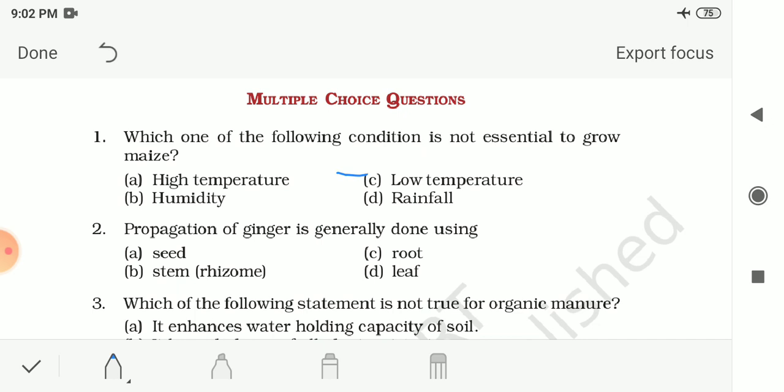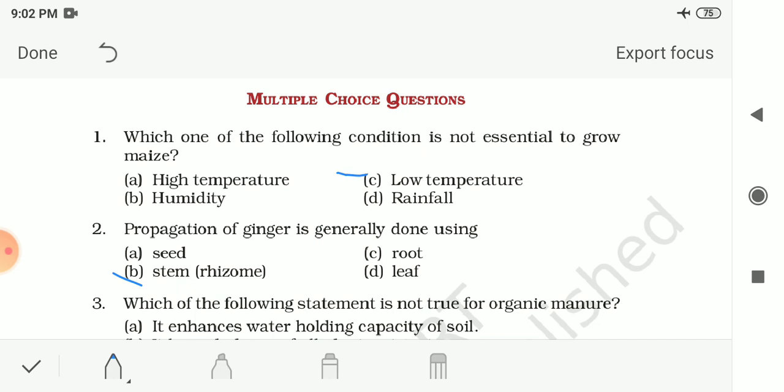Next, propagation of ginger is generally done using, or you can say you can grow ginger using, the options: seed, stem (which is also known as rhizome), root, or leaf. So here your answer is option B, stem.